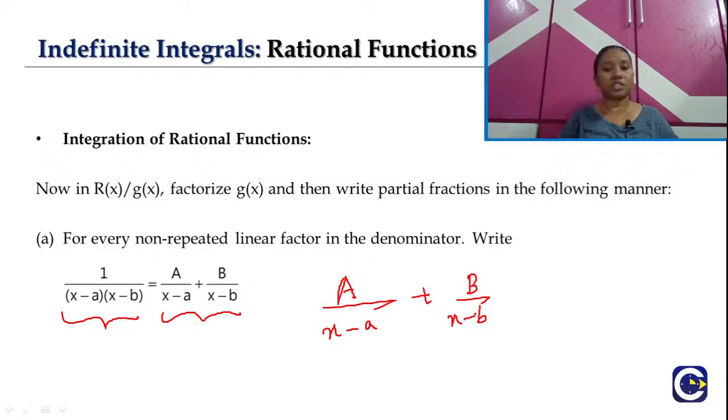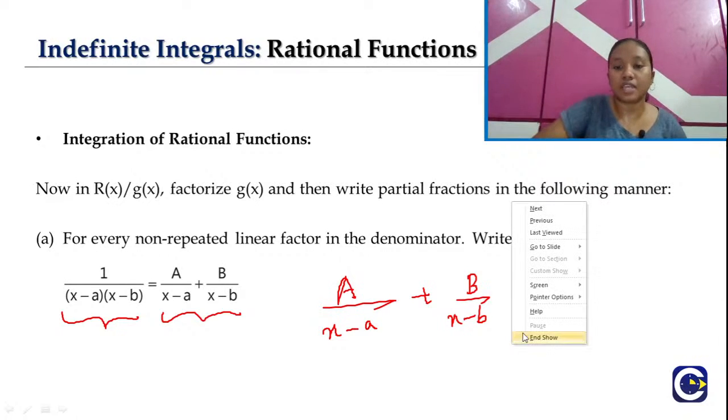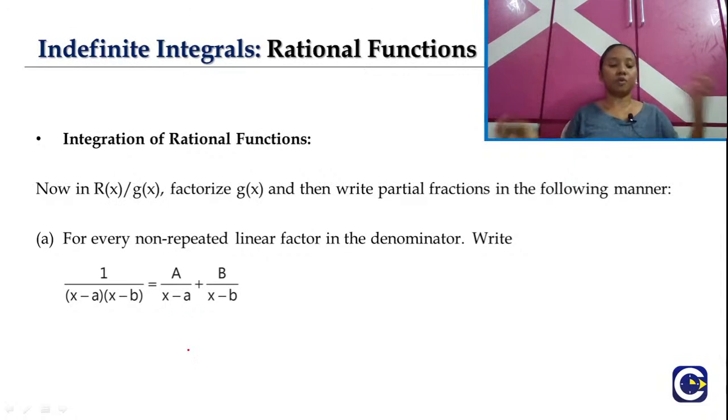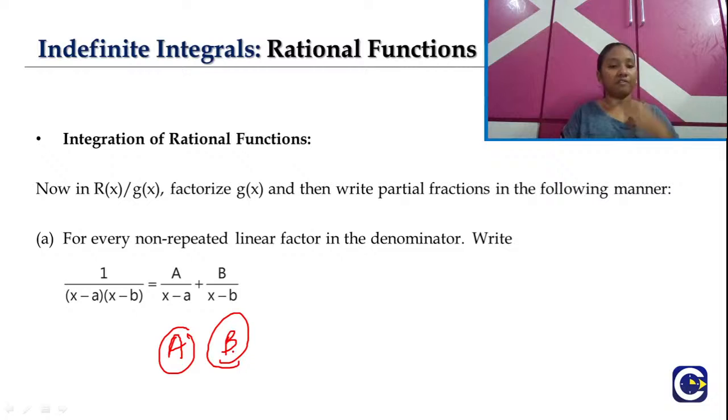Now the question is, how will we find this capital A and capital B? We find them by equating. We simply cross multiply, simplify, and by comparing the coefficients of both sides, RHS and LHS, we figure out the values of capital A and capital B, which belong to the real numbers.